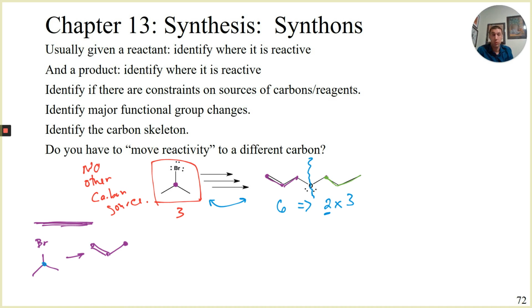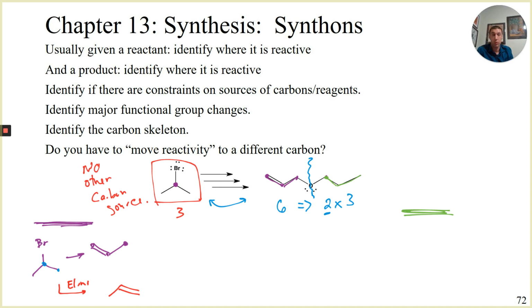In the starting structure, it's only at the terminal or the internal carbon, and it needs to at very least make it out to one end. So how can I get the electrons to go out to that spot? I would need some kind of pi bond. An elimination would be a good way to get that chemistry to move. If I ran an elimination, that would get me the double bond there. I do now have a consideration.